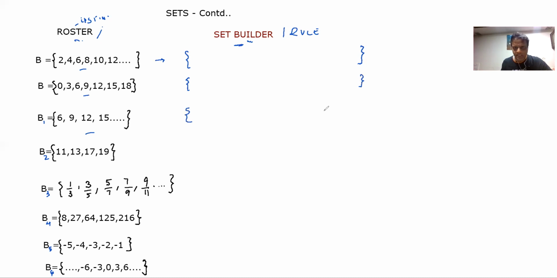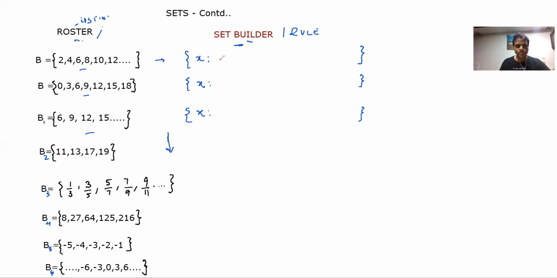Whatever may be the question, this cannot change. Next thing which is going to be uniform is the variable x such that. I'm going to continue this in the entire series of these questions.